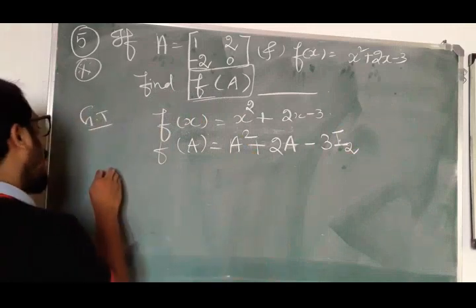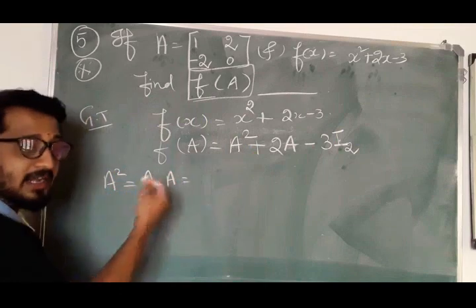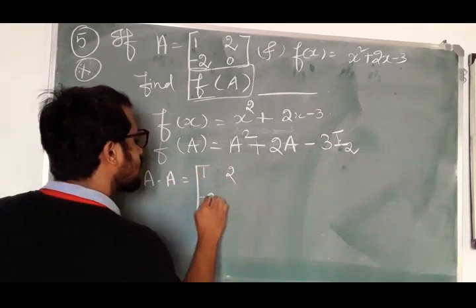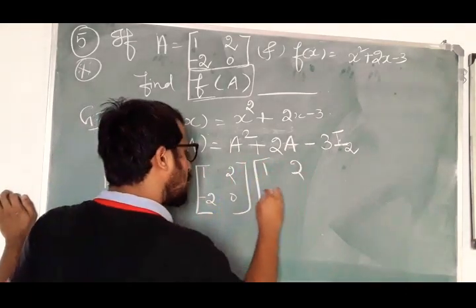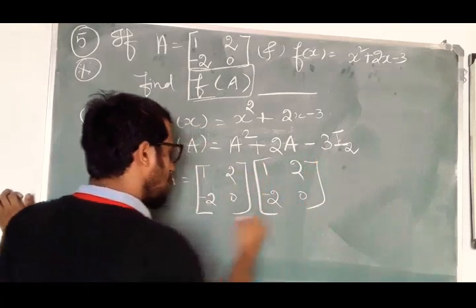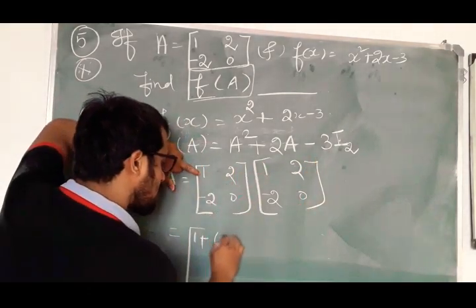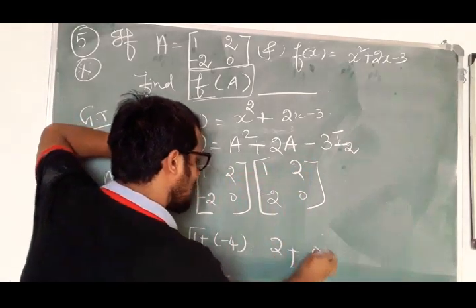Is it clear? Now you have to find A square. That means A into A, matrix multiplication. That is [1, 2; -2, 0]. Again I have to multiply with the same matrix [1, 2; -2, 0]. 1 into 1, 1, plus 2 into minus 2, minus 4. 1 into 2, 2, plus 2 into 0, 0.